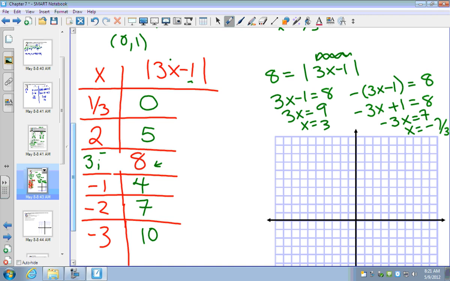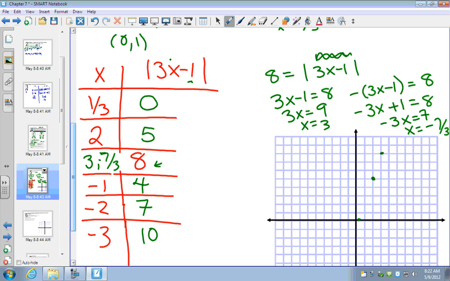Okay, now let's plot these points. So we have x is equal to 1/3 and 0. Then we have 2 and 5. We have 3 and 8.